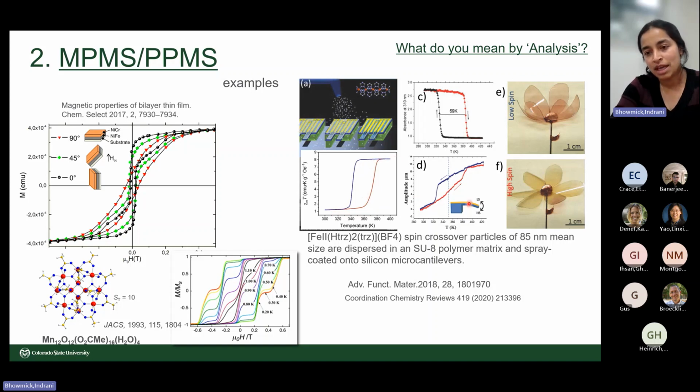Using this method, they made these little flower petals, like when you are in low spin at a particular temperature, you see the petal closes and then it can be open. And sometimes if you have a sensor that you touch those petals, or whatever material you're making, it will trigger a response, then you can use these materials to do some kind of sensor design.